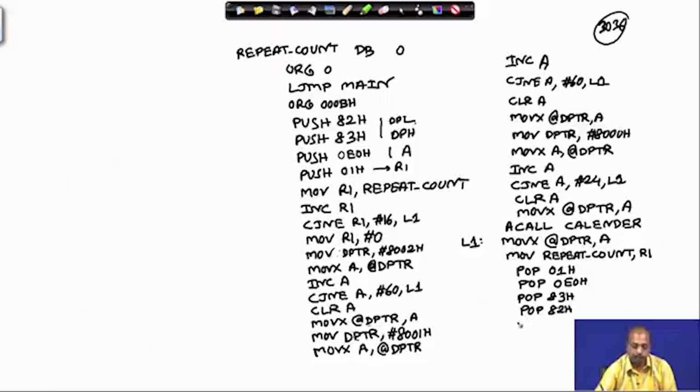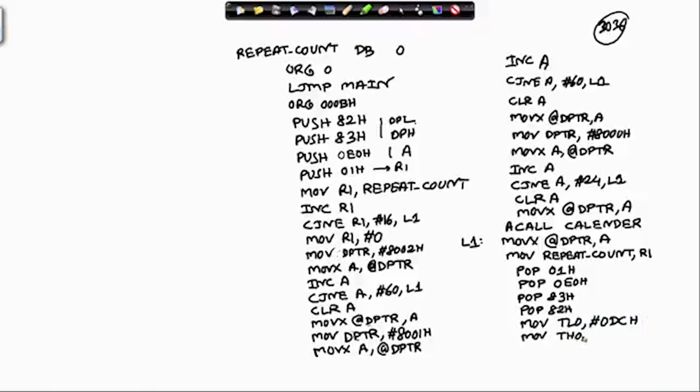We do it like this: MOV TL0, #0DC hex and MOV TH0, #0B hex.